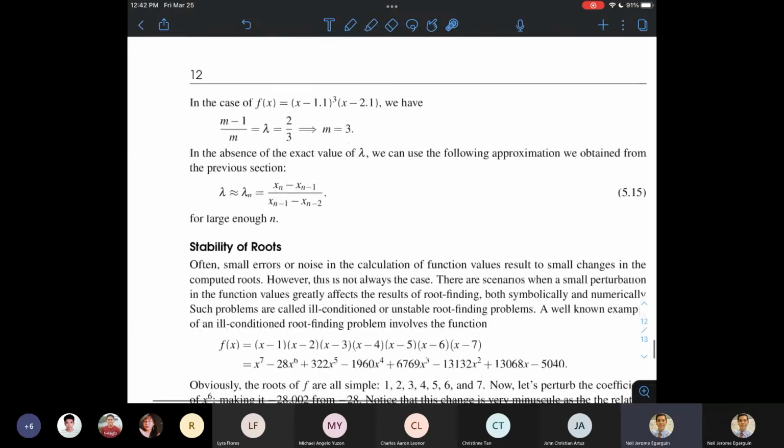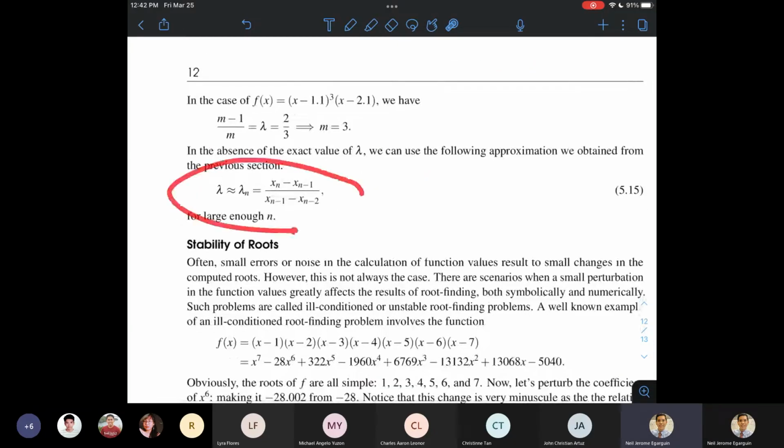Well, we derived last time that in Newton-Raphson, lambda is approximated by this sequence, the sequence of ratios of jumps between previous estimates. Okay?